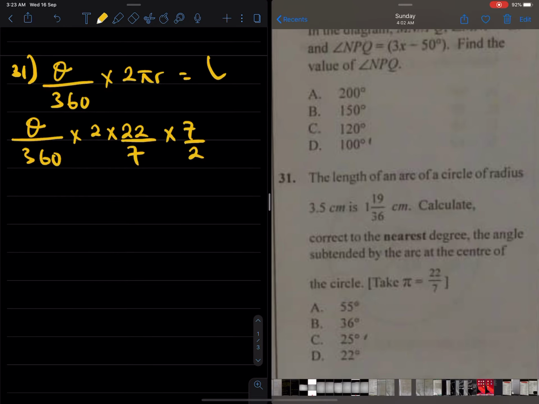times 7/2 equals L. 1 19/36 is the same as 55/36.